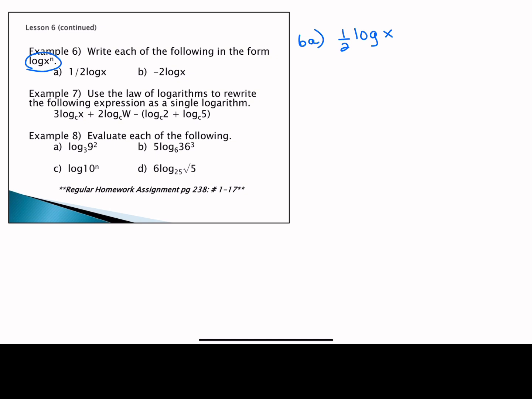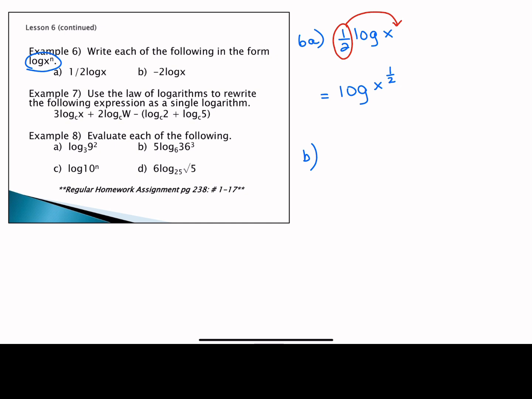What we know is that instead of being out front as a coefficient, that 1/2 can be moved into a power position. So instead, we can rewrite this as log still base 10 of x to the power of 1/2. Again, these skills of converting things back and forth or using these laws is going to become very handy when we get more complicated processes a little bit later in our module.